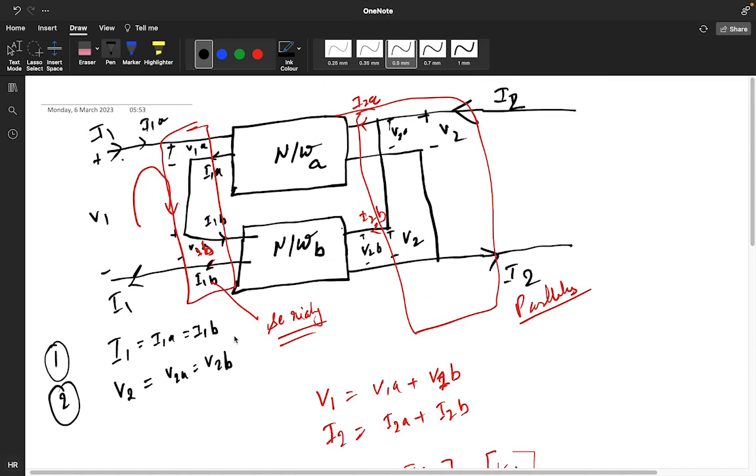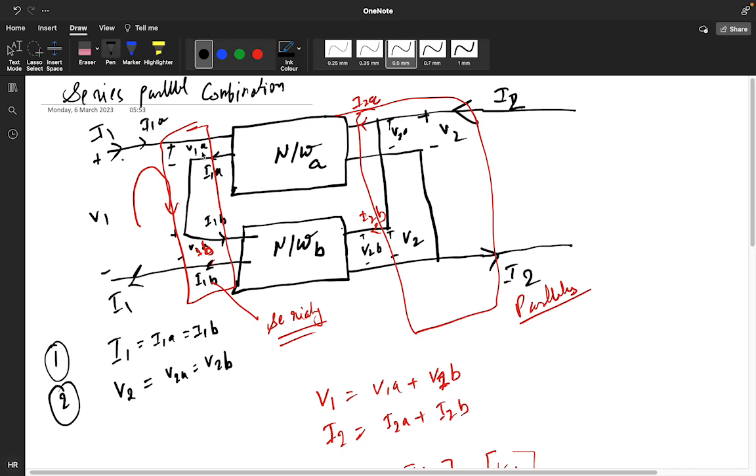So if the network is a series parallel combination, write it down. In a series parallel combination, this is your network A, this is your network B. Network A is a two-port network only.